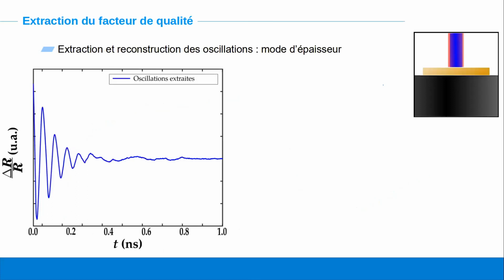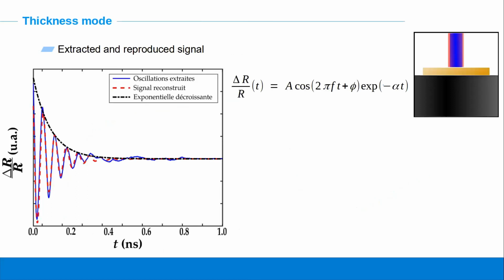If we extract those oscillations, we can reproduce them and deduce both the lifetime of those oscillations and their quality factor. In that case we have 16.8 gigahertz for a quality factor of around 5.